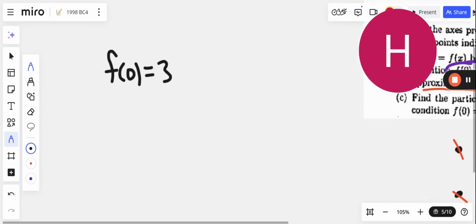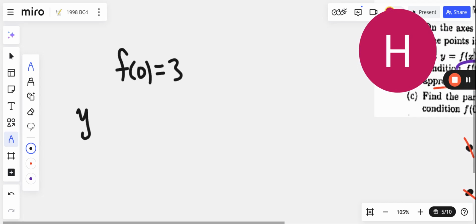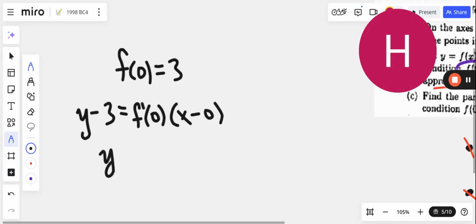Now the tangent line at that point is going to look like this. y minus 3 equals f prime of 0 times x minus 0. So in other words, y is approximately equal to f prime 0 times x plus 3.